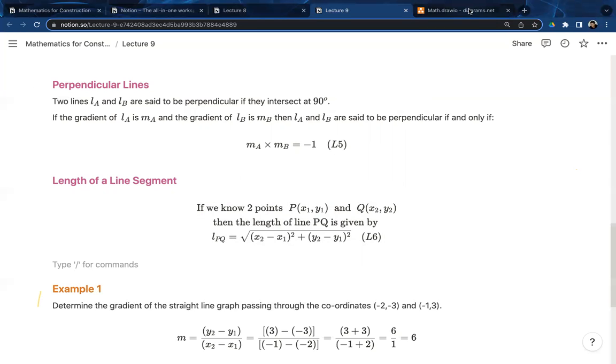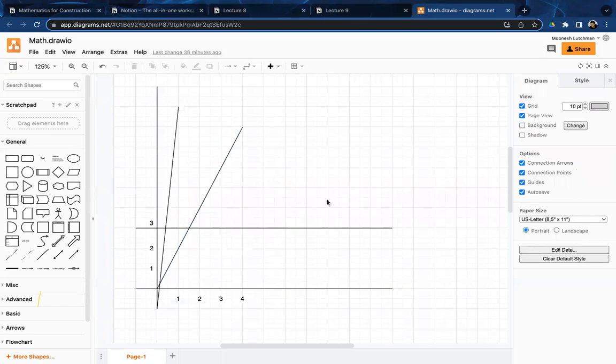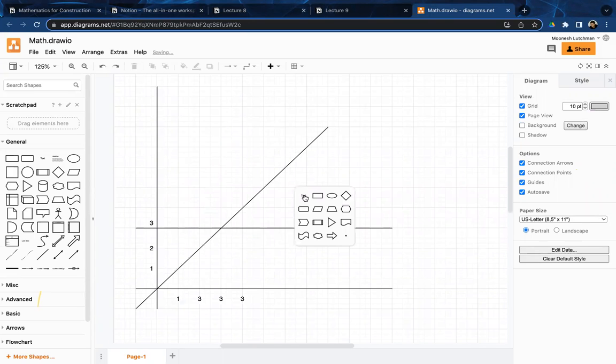You could see this if we do a diagram of everything, right? So let's get rid of all of this. Just gonna get rid of this line here.